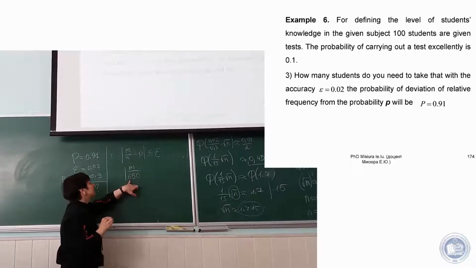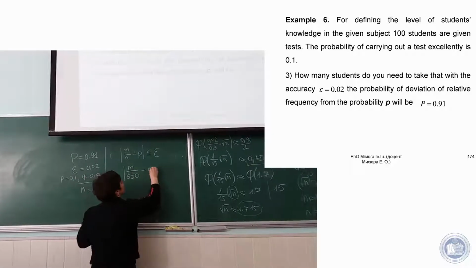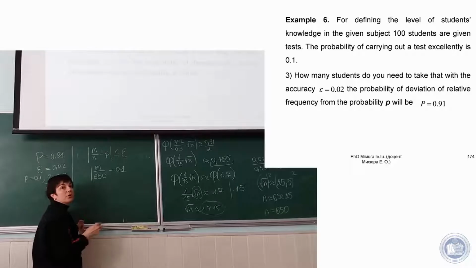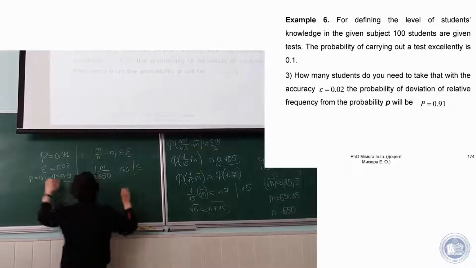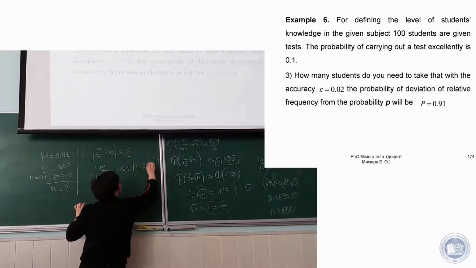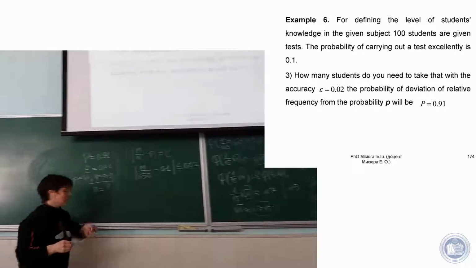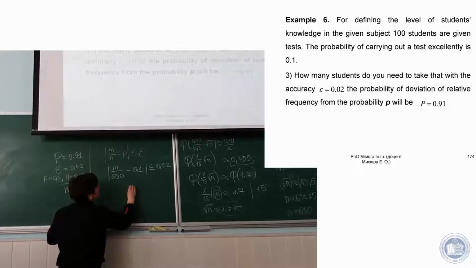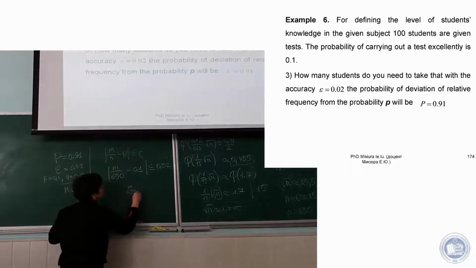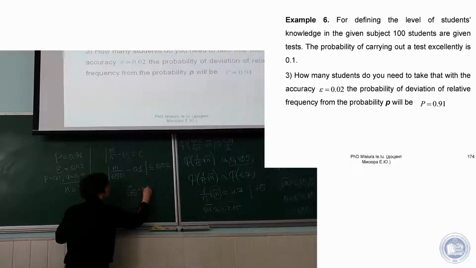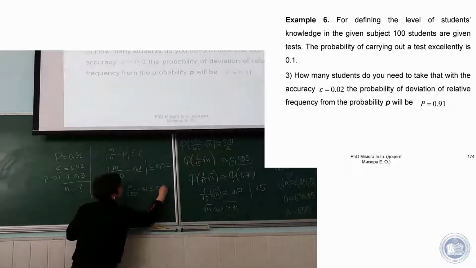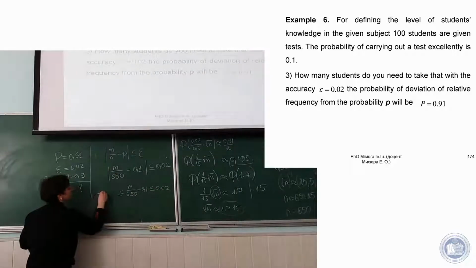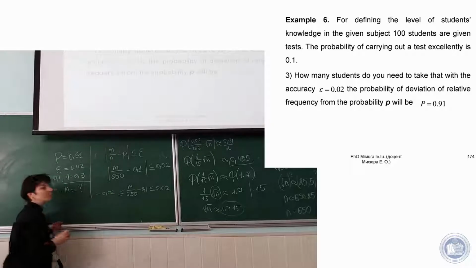N equals 650. P will be 0.1. Epsilon will be 0.02. Okay, we have m divided by 650 minus 0.1 lies between 0.02 and minus 0.02.